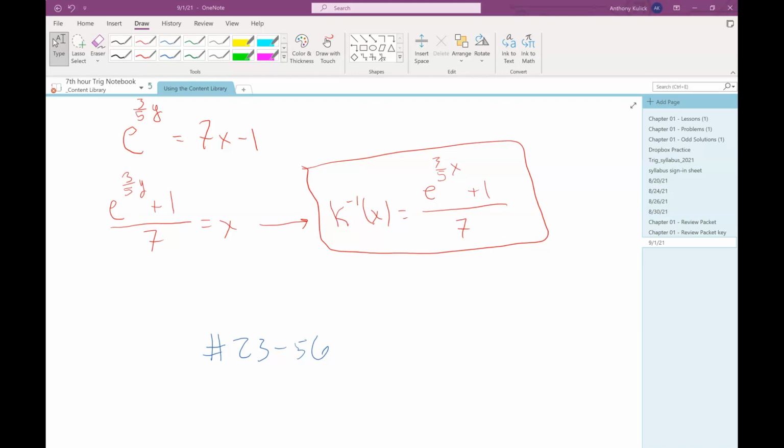So FYI here, guys, Sunday's homework check is 13 to 24. The next homework check after that will be 25 to 56, plus the chapter review, because this is the last section we're doing in this chapter.